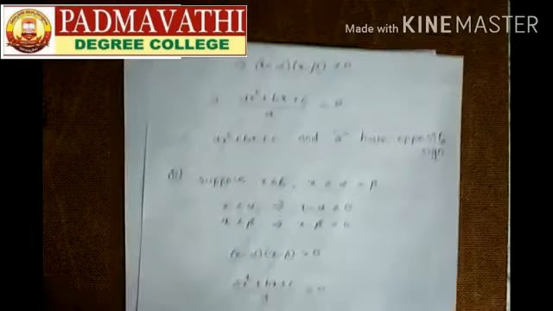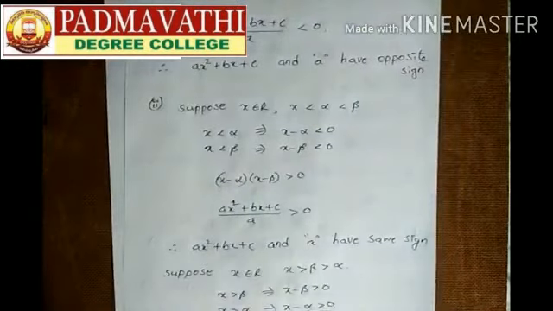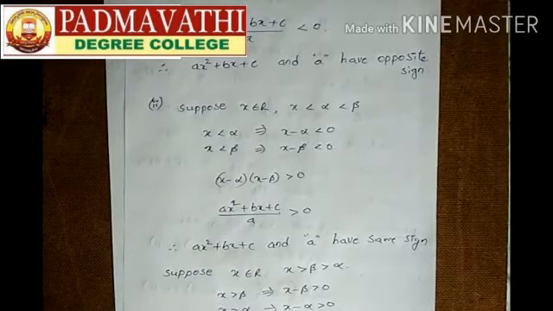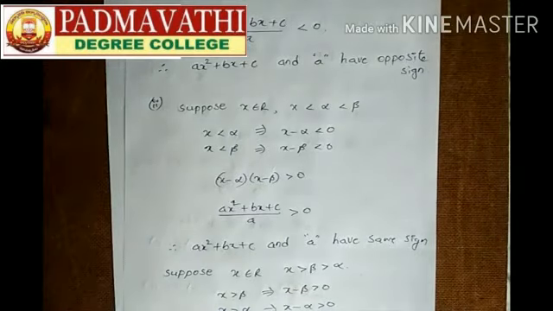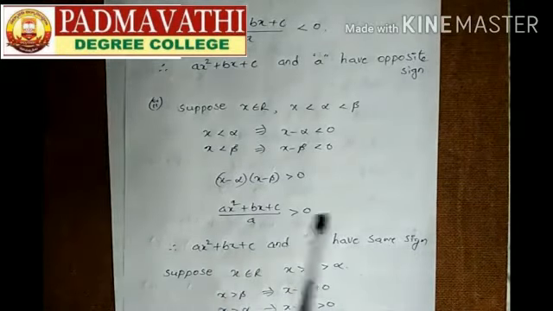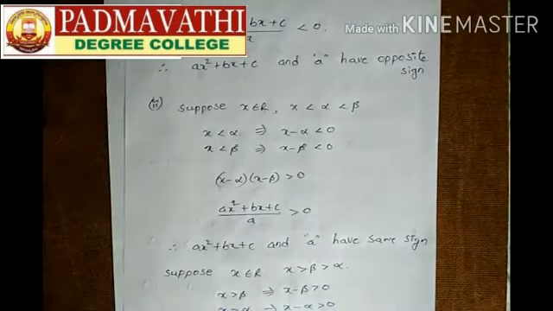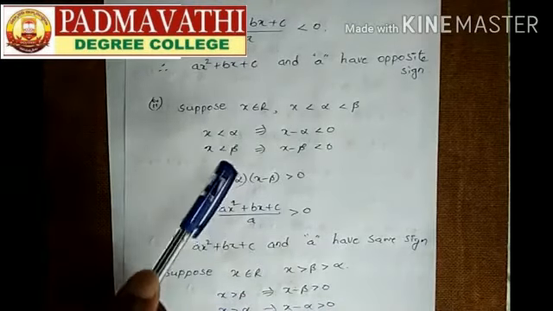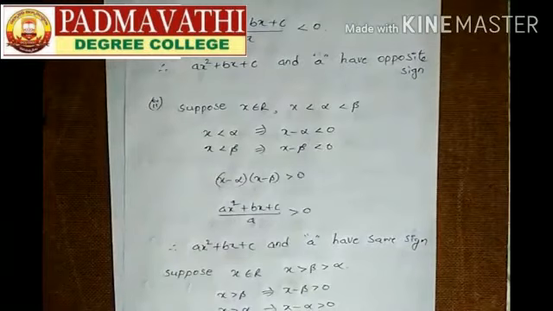Similarly, in the next case, suppose x belongs to R, x less than alpha less than beta. In the sense that the expression value we are choosing is less than both the roots, x less than alpha and x less than beta also. In this case, x less than alpha means you can take it as x minus alpha less than 0.